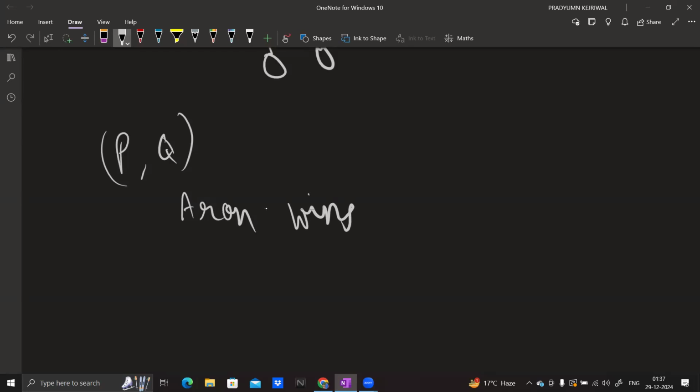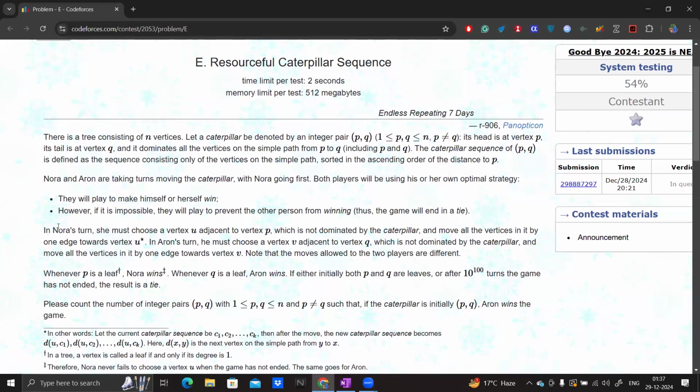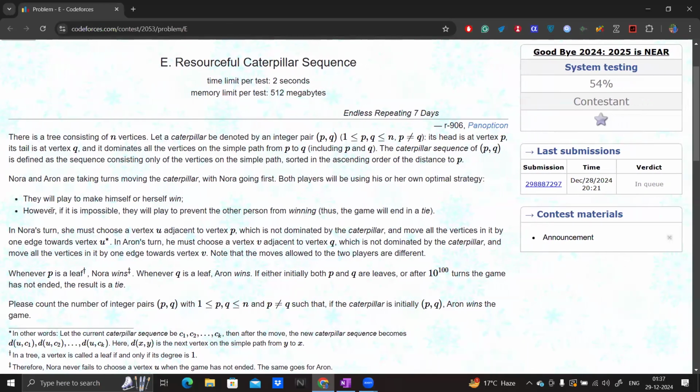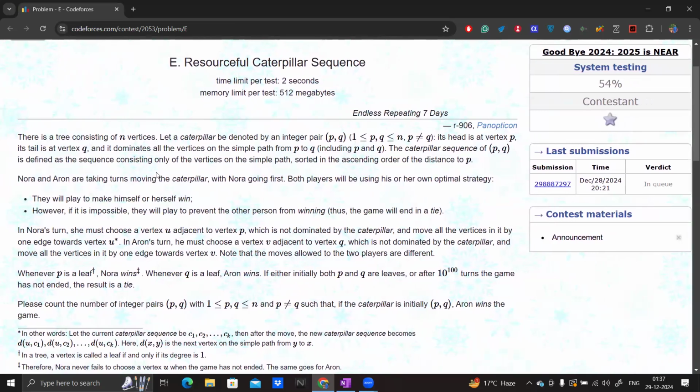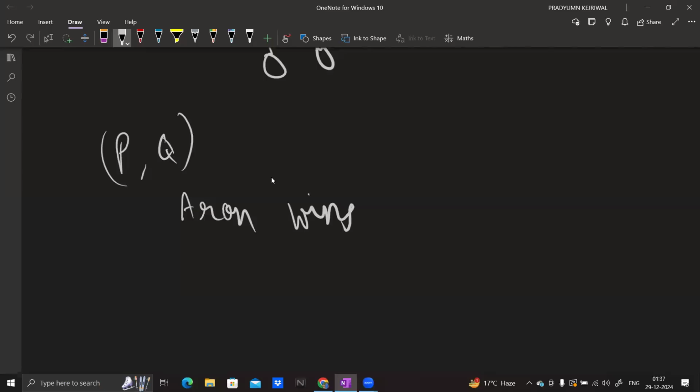But the starting player is Nora. Nora moves first, I think it is written there. Since Nora goes first, it becomes a bit complicated.